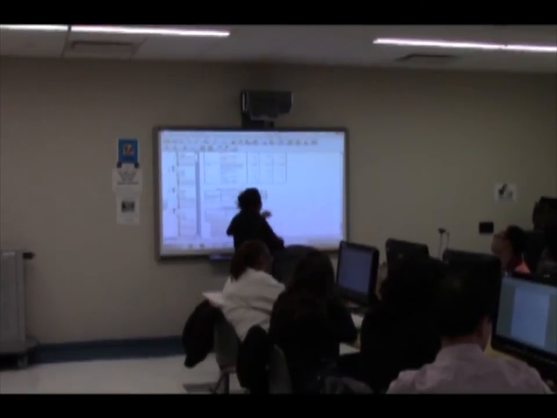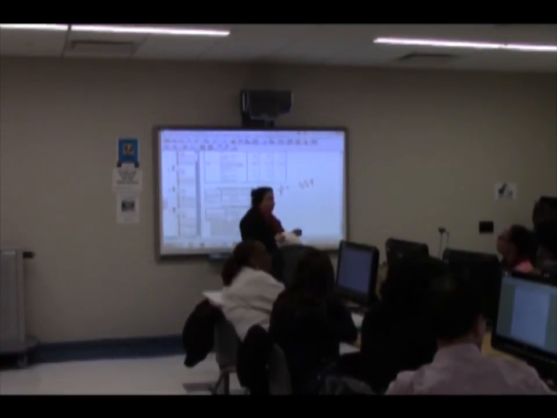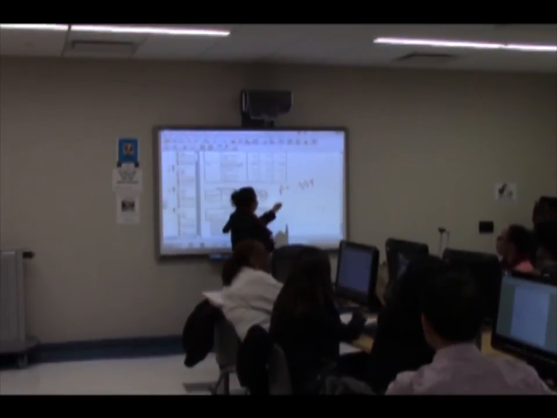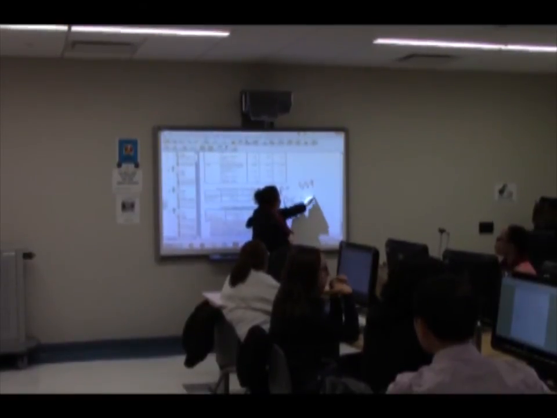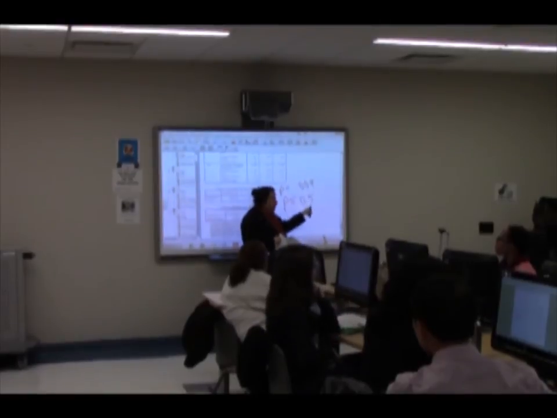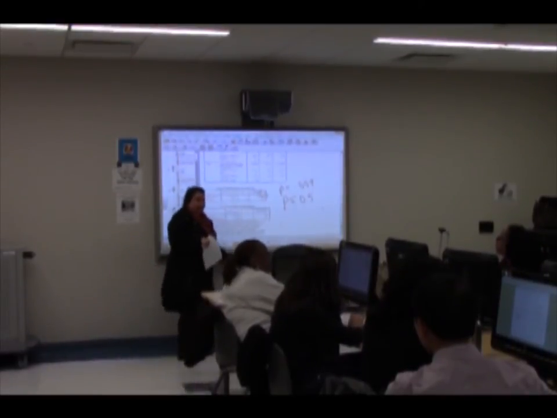So now we're saying that p equals 0.009. So the threshold to determine whether or not that's statistically significant is p is less than 0.05. So is 0.009 less than 0.05 on the number line? Yes.